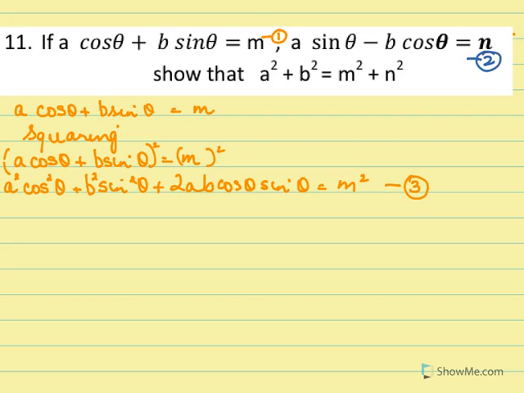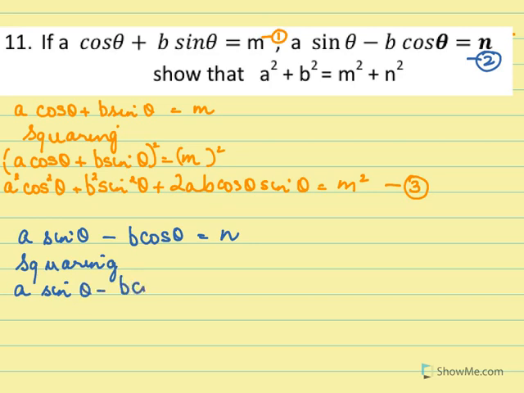Now we'll take up the next equation, say 2. This is our equation 2, which is a sin theta minus b cos theta equal to n, and on squaring we have a sin theta minus b cos theta equal to n.